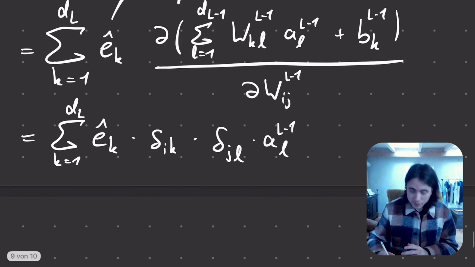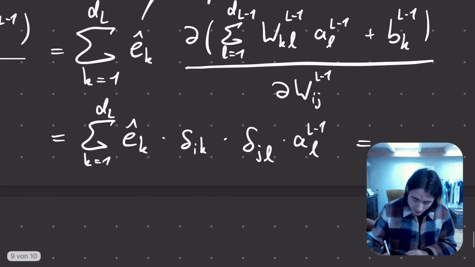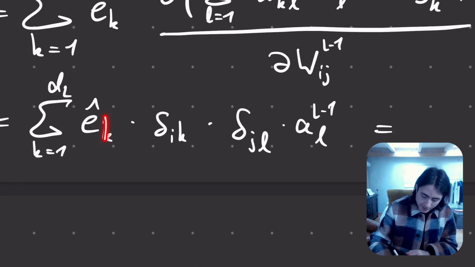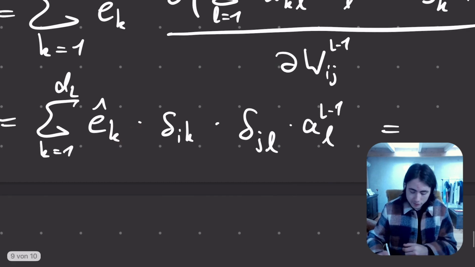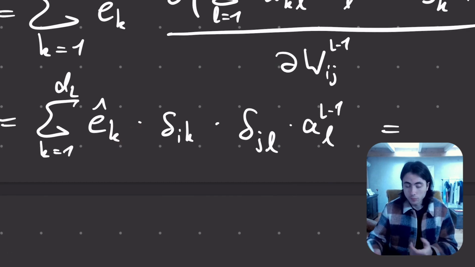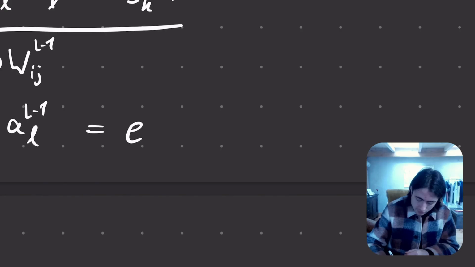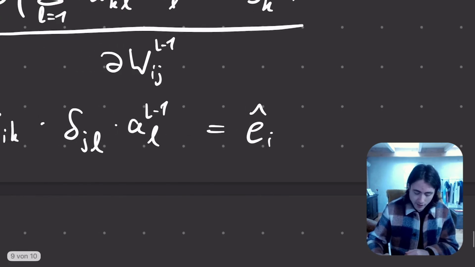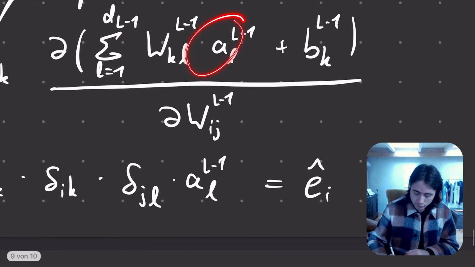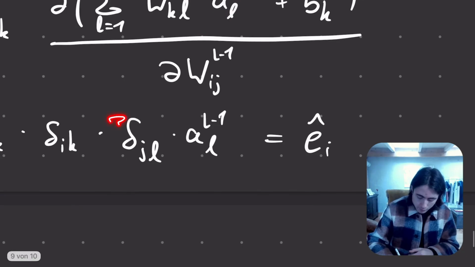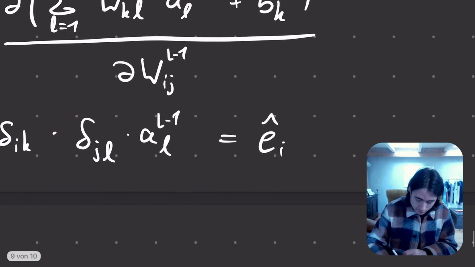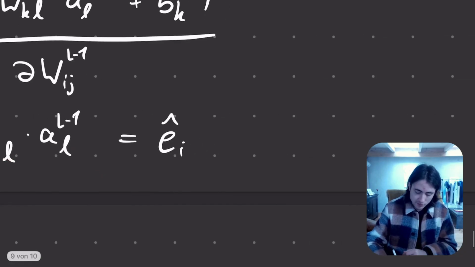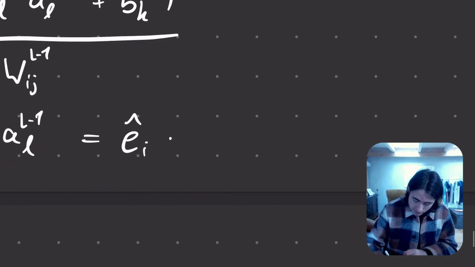Okay, and now we can simplify this a last time, because if we know that k is equal to i, then all of the other unit vectors just vanish. They get multiplied with 0. So the ith unit vector is the only one that survives. And here it's the same. Well, honestly, I should have written a sum over all of the l's, but they all go to 0 except for when l is equal to j, which means that we are only left with a j L minus 1.